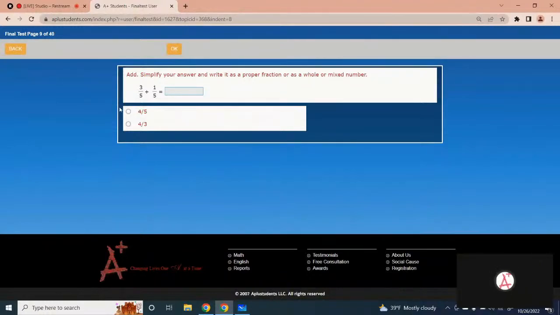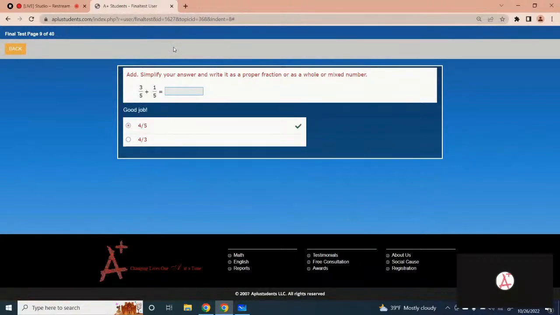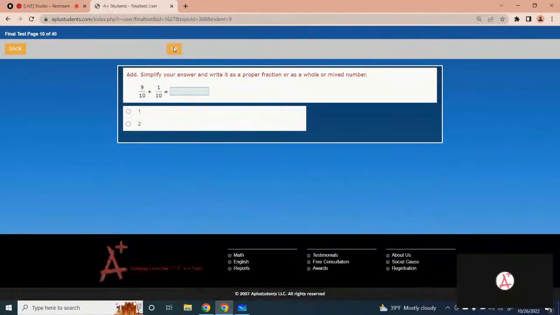Just select the correct option and then click on the OK button. Okay, the next one is 9 by 10 plus 1 by 10. So 9 plus 1 is 10 by 10 and 10 by 10 is 1. Got it?